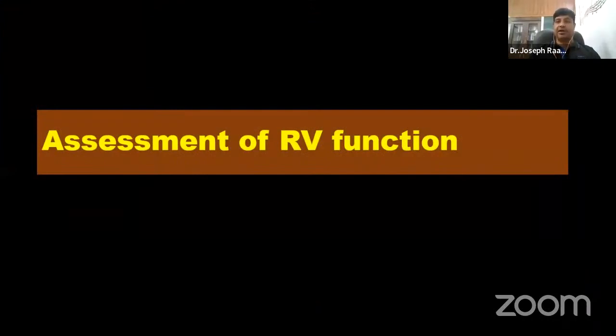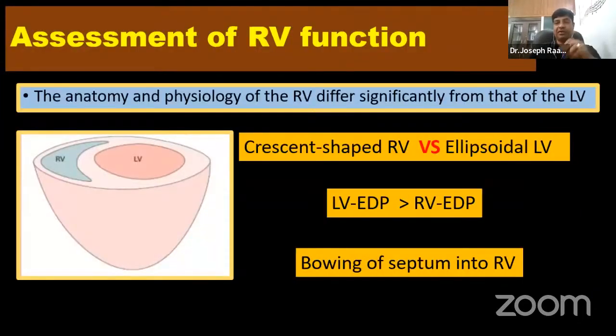So then the third thing is how to assess the RV function. We have been seeing the assessment of the left ventricular function. Why do you think this assessment of RV function also is important? That I'll show you in certain videos later. So we know that anatomically and physiologically, the RV is different from the left ventricle.